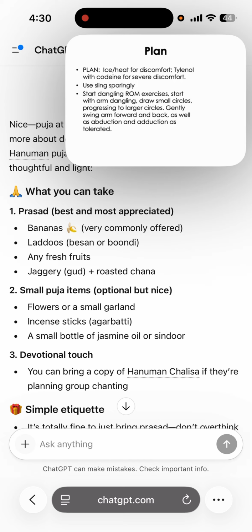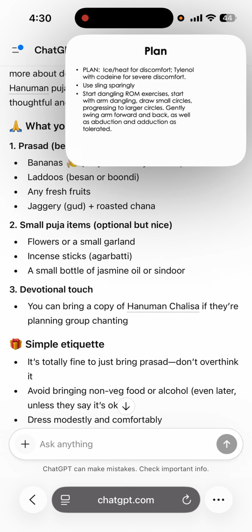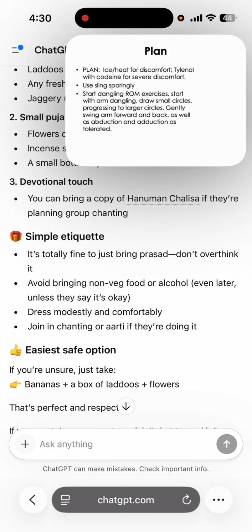So the plan is to ice and heat and alternate that for discomfort, Tylenol with codeine for severe discomfort. The patient rated pain out of 10, and they can use the sling sparingly. Teach them about range of motion exercises as patient tolerates.